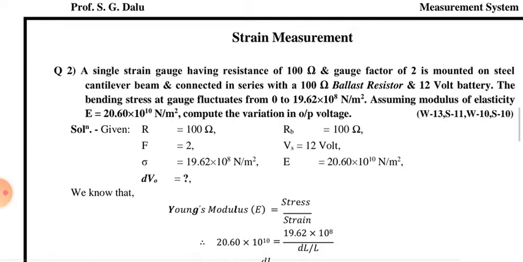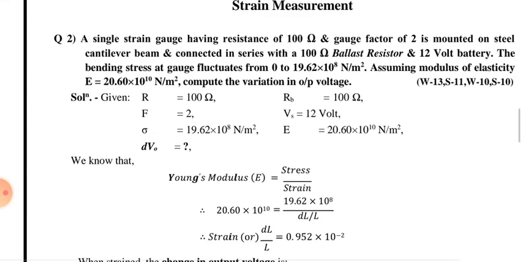Young's modulus capital E is also given, 20.60 into 10 to the power 10. So we can write strain as dl upon L. Therefore strain dl upon L equals 0.952 into 10 to the power minus 2.